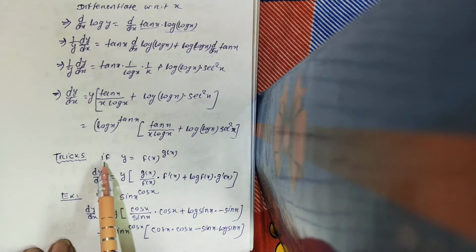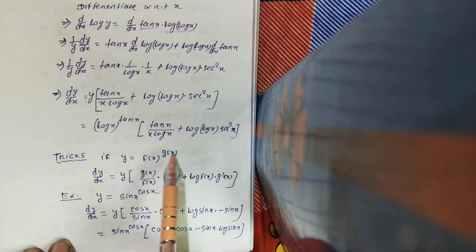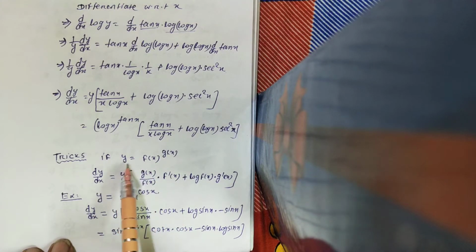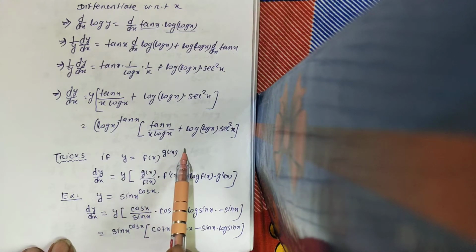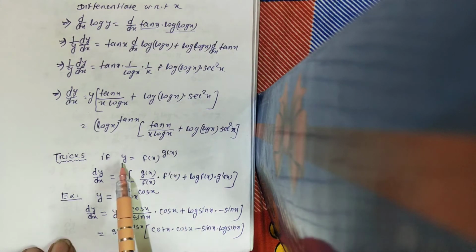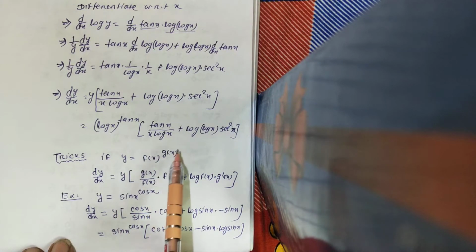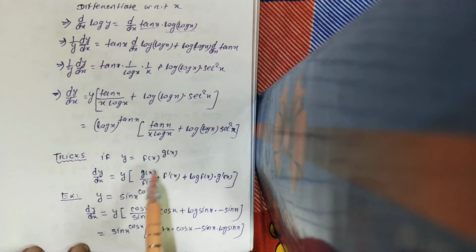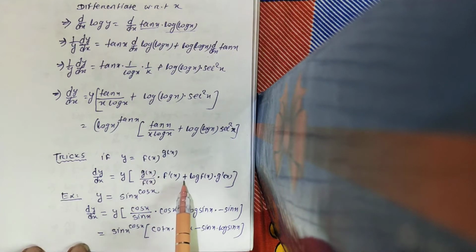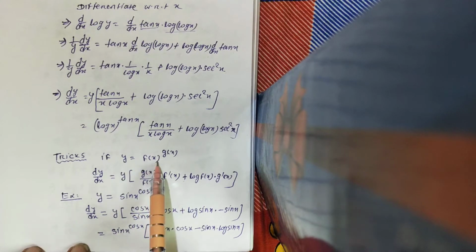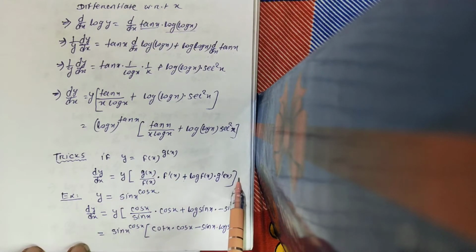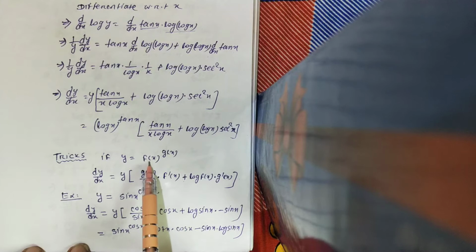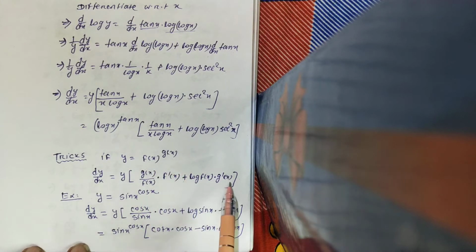If a function is given y is equal to f(x) to the power g(x), that means variable to the power variable, remember one thing what I am saying, then simply dy by dx is equal to y whole into g(x) by f(x) into f dash x plus log of f(x) into g dash x. F dash x means the derivative of f(x), g dash x means the derivative of g(x).